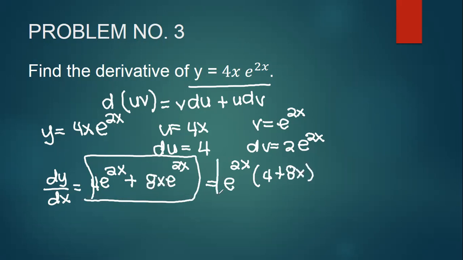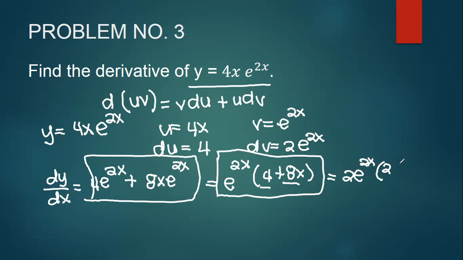You can also have an answer as this, or use the greatest common factor, which is 2. So we can also say that this is 2e raised to 2x multiplied by 2 plus 4x.